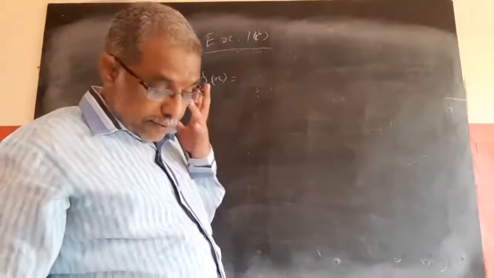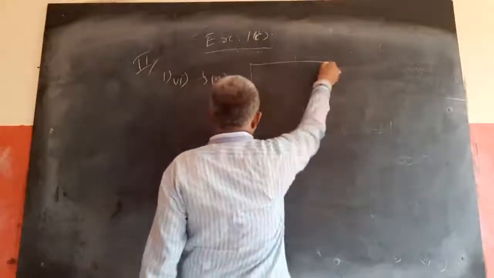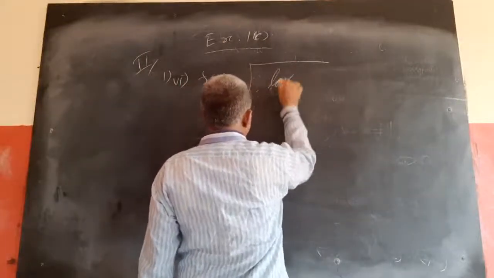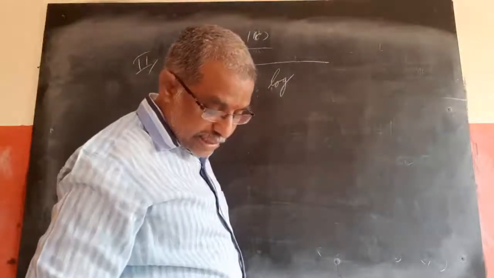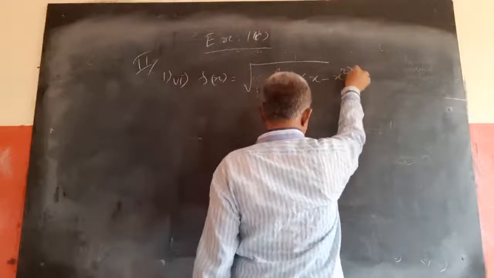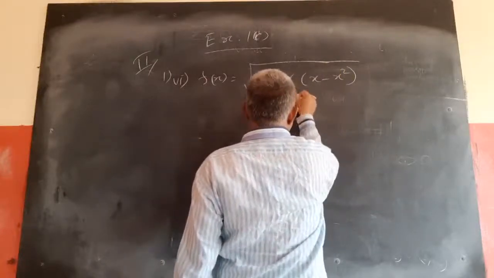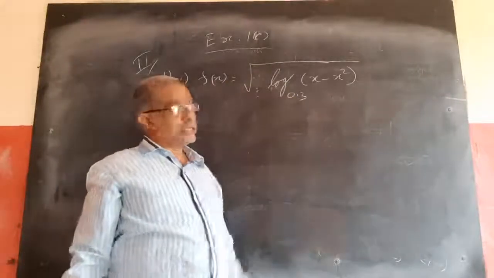Next question. f(x) equal to root of log of (x minus x square) to base 0.3. How can we solve this?